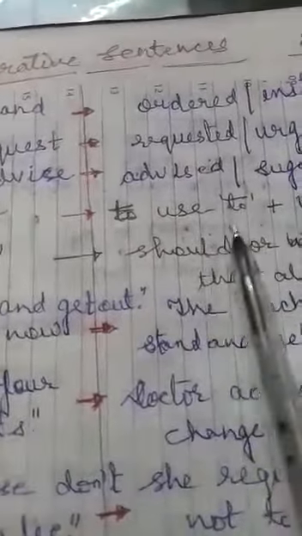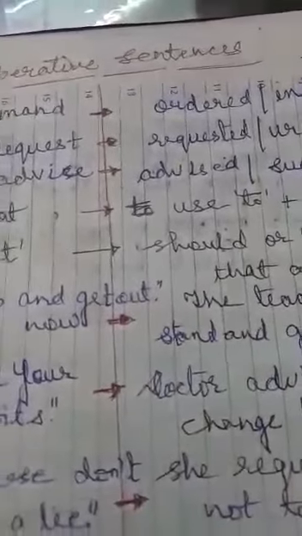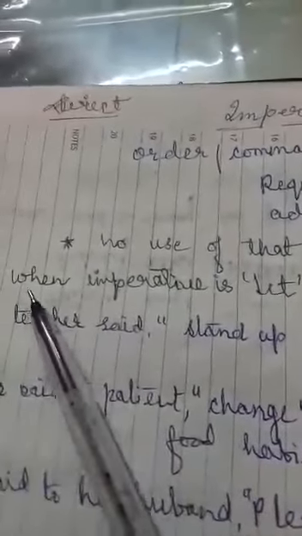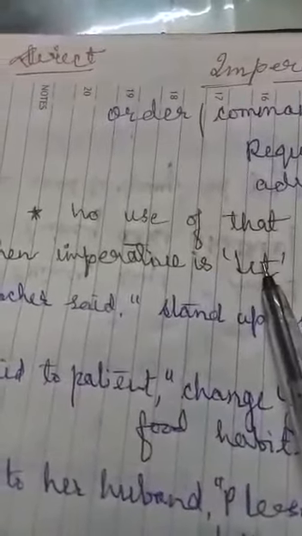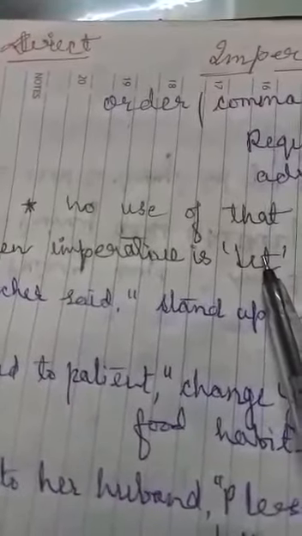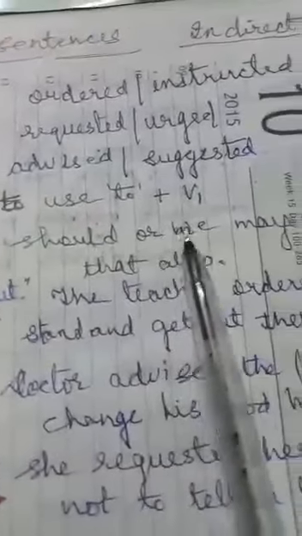She ordered to do this work. She ordered not to do this work. So in this way it will change. Children, sometimes the imperative sentences start with let. In this way, should or that we may use also.